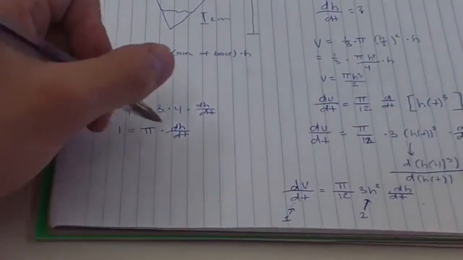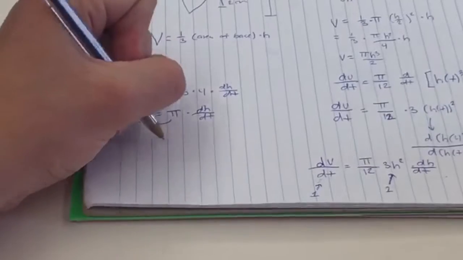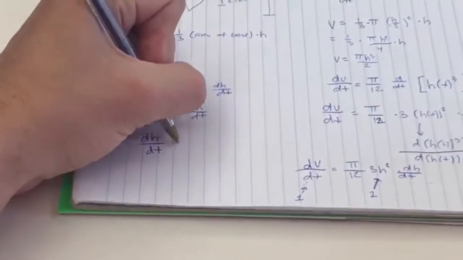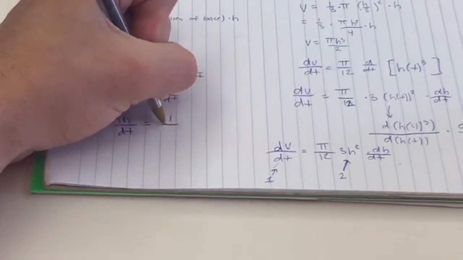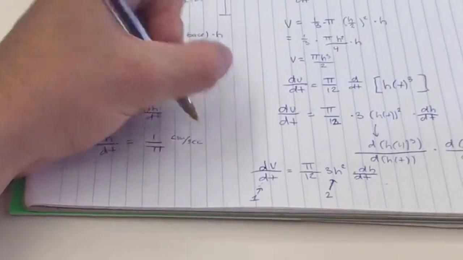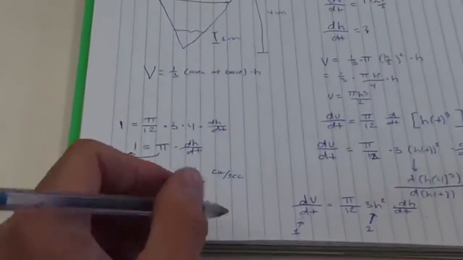So now you move it to this side and it gives you this, and this is the rate and the answer.